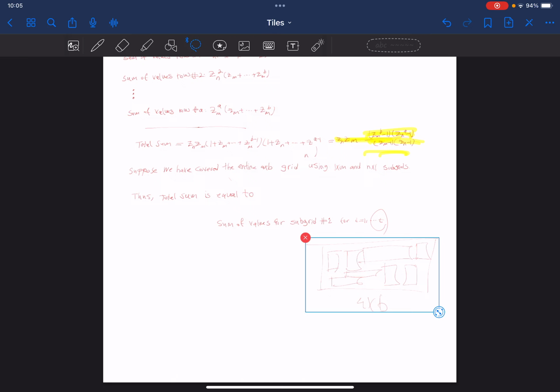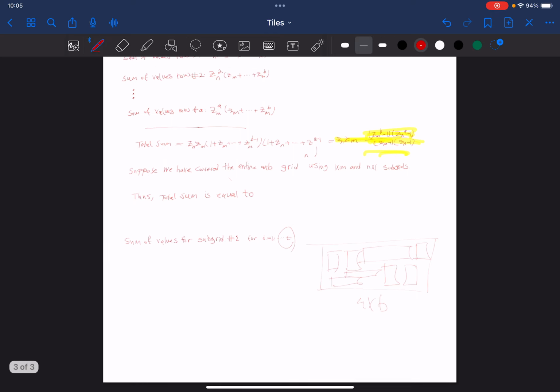The other is looking at each subgrid, summing the values, and then summing the subsums I get from each subgrid. This is a simple observation, but there is a catch: these values are all equal to 0. If I pick any subgrid, vertical or horizontal, and sum the values inside, I must get 0.